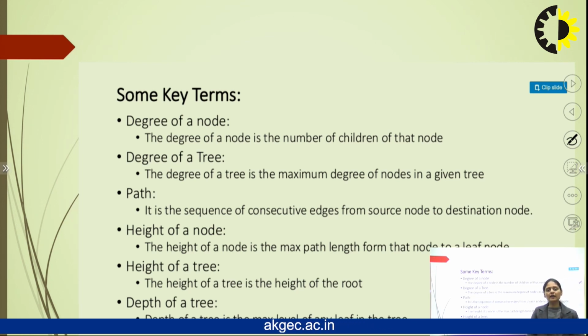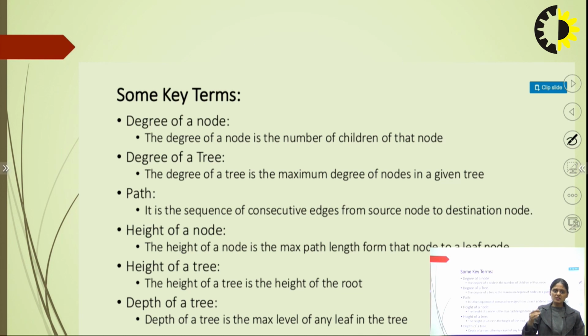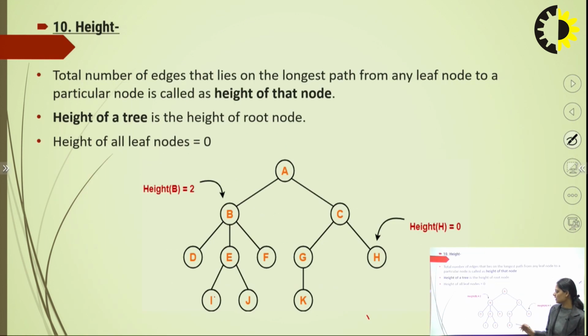So height we always consider from the leaf node to a particular node, and in case of depth, it is the maximum level of any node. We can say the maximum level of any node is the depth of that node. So maximum level means we start from the root and we go to that particular node for which we want to find the depth. So over here we can see that in case of F, the depth is from A to B, B to F. The depth of a particular node.